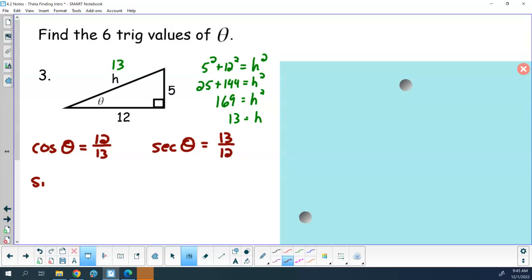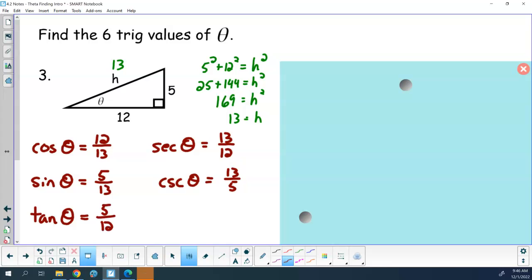The sine of theta would be 5 over 13, which means the cosecant of theta, the tangent of theta, 5 over 12, opposite over adjacent, the cotangent of theta, 12 over 5.